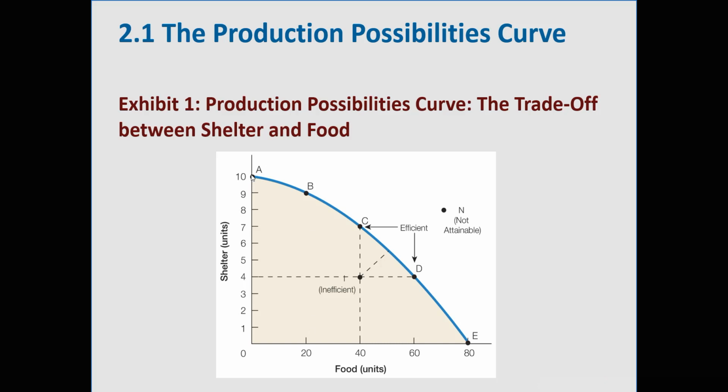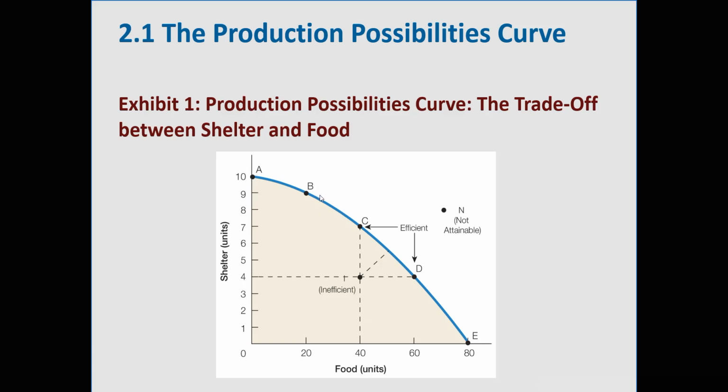Because here you had 10 units of shelter and 0 units of food. If you choose 20 extra units of food, it means you have to give up 1 unit of shelter. So this simply shows opportunity cost. You choose this, it means you forego the building of this extra unit.